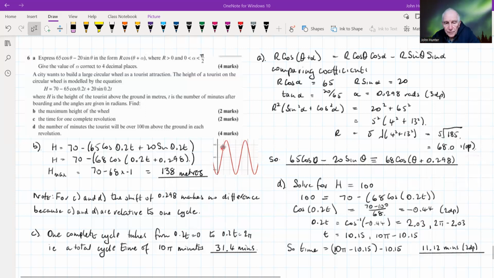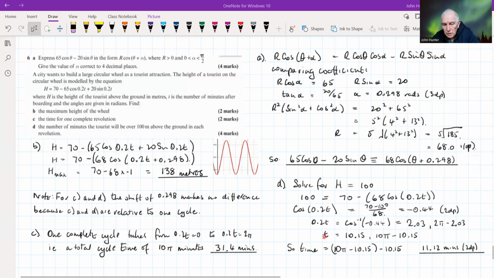But then the following one, applying our symmetry and periodicity rules, is going to be at 2 pi minus 2.03 radians. Okay, so those are our 2 solutions. I'll be a little bit careful here that we get these 2 solutions and not this solution and this solution. So just be careful there.